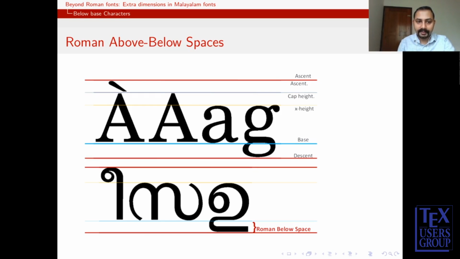For example, the first character that you see on the bottom part of the image is a vowel symbol E, then two consonants sa and u. And there you can see the descent between the baseline and the descent. There is only a little space available if we follow the Latin font matrix.